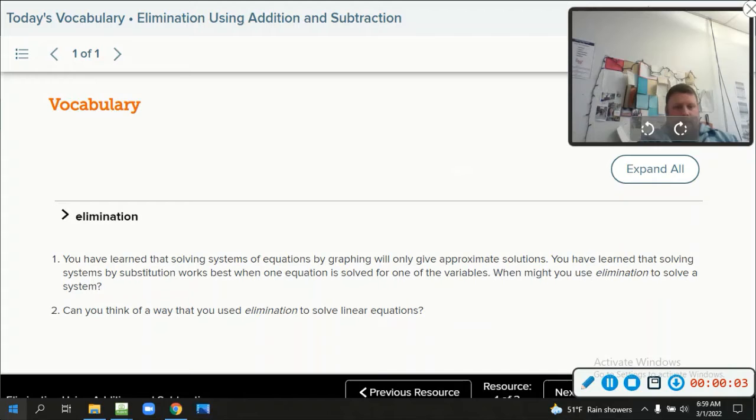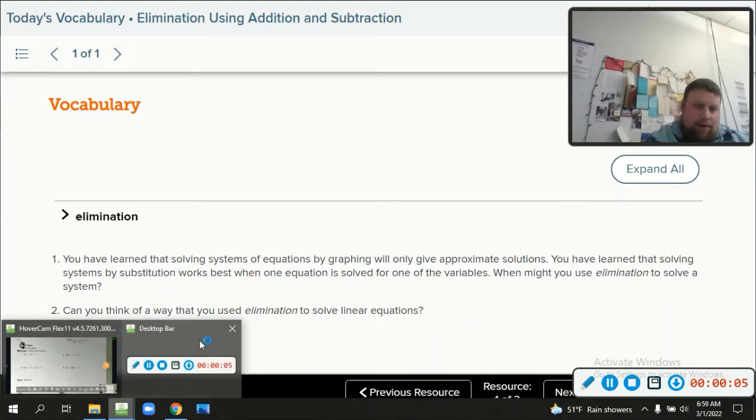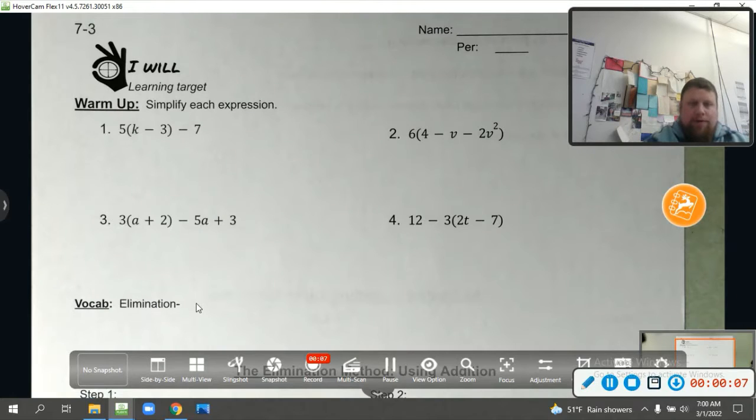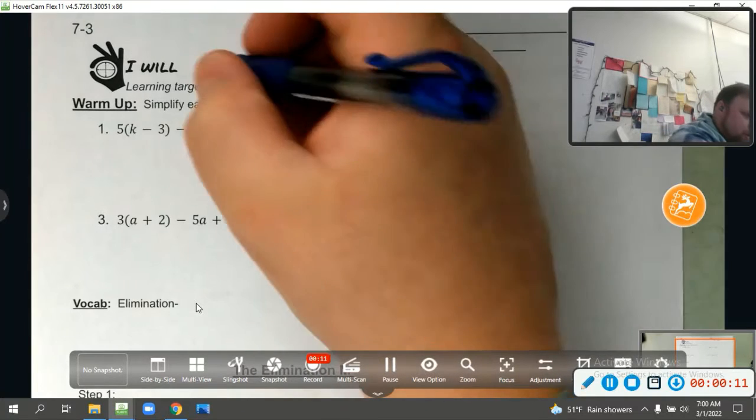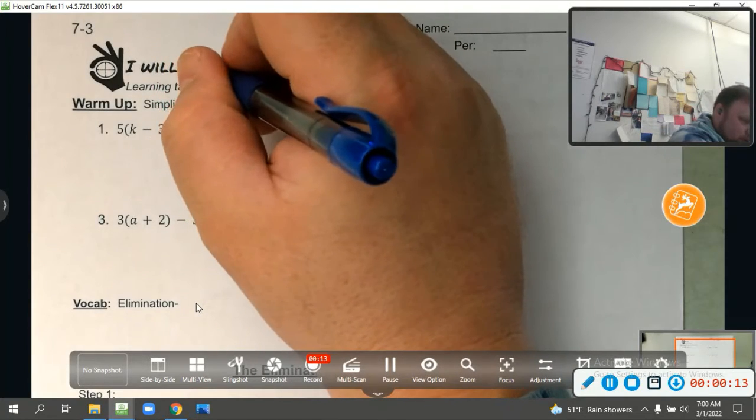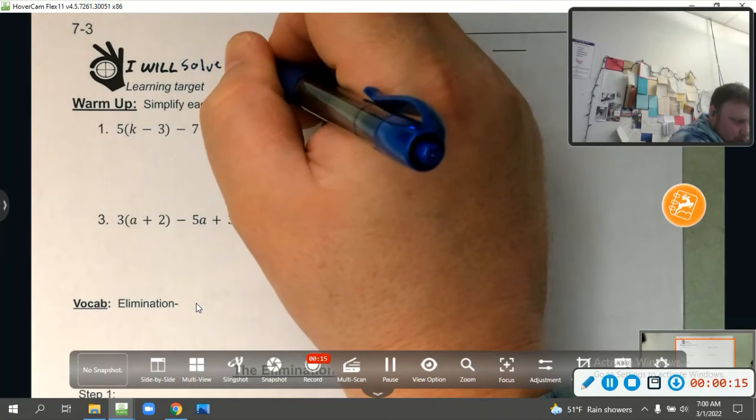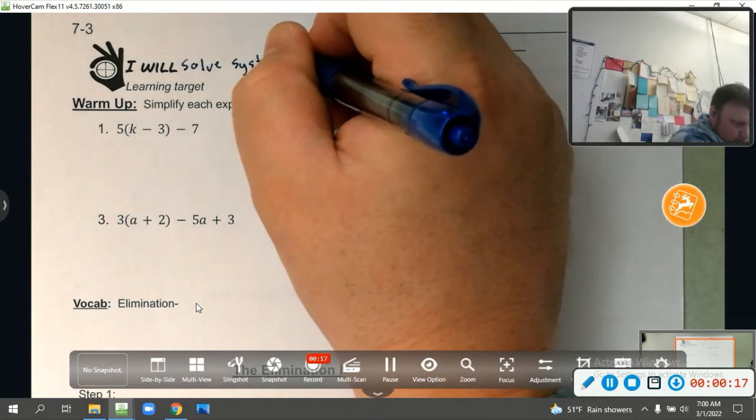All right, it's time for us to get to our warm-up, but we've got to do this first. Don't forget to write down your learning target, which is: I will solve systems using elimination.